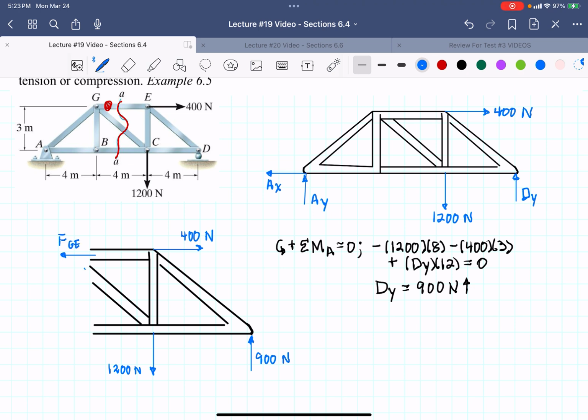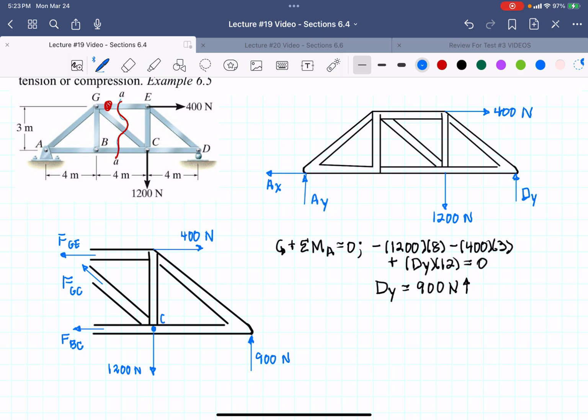I'm going to have one force here, which is GC, and I'm going to have one force here, which is FBC. Now it's only asking me for GE, so I don't need to solve for all the other ones if I don't have to.